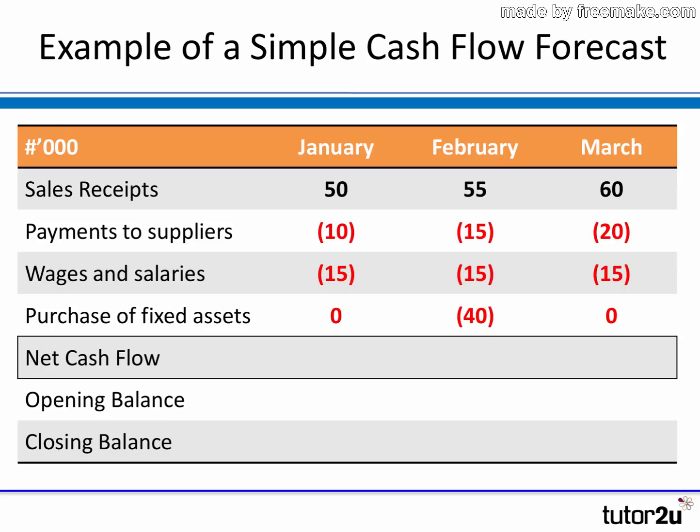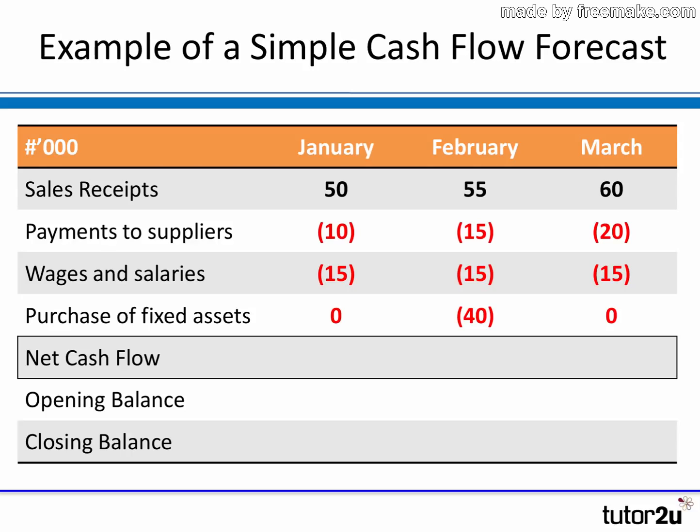So let's just finish off this introduction to the cash flow forecast by looking at a simple example, which is on the screen there. These numbers are in thousands here, and we can see that we've got 3 months for our forecast. Let's just have a quick look at the lines. The top line, the sales receipts, that's a positive number coming in, 50,000 in January, 55,000 in Feb, 60,000 in March.